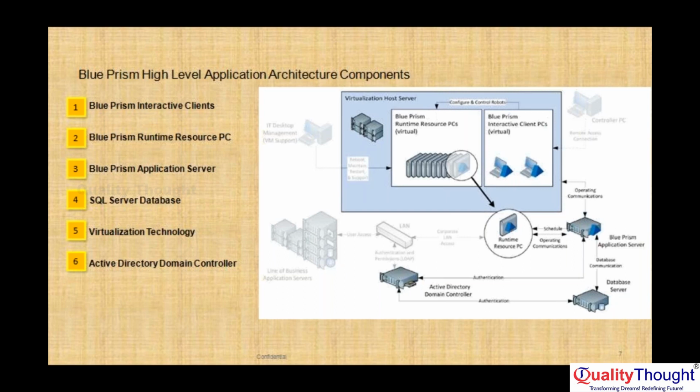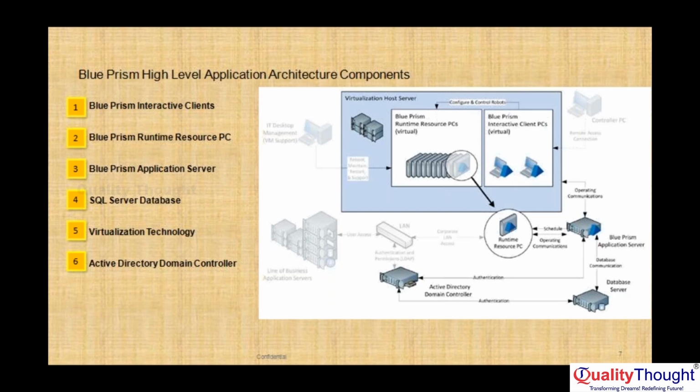Each bot, each control room, license cost will be there. But in Blue Prism, the initial setup comes if you buy one bot, one interactive client, they will give you the control room. But scaling up means, if you want 10 runtime resources in Blue Prism, you need to pay each runtime resource cost.